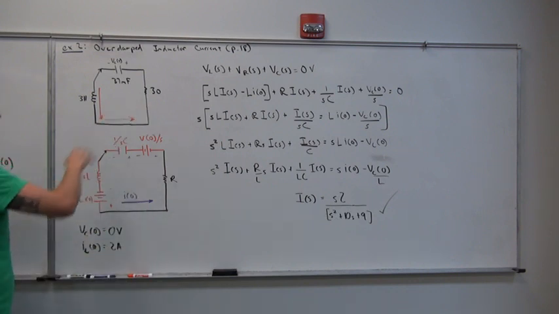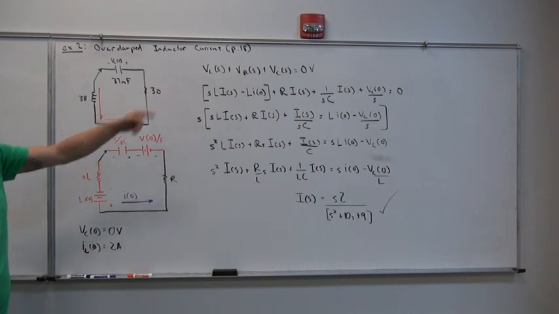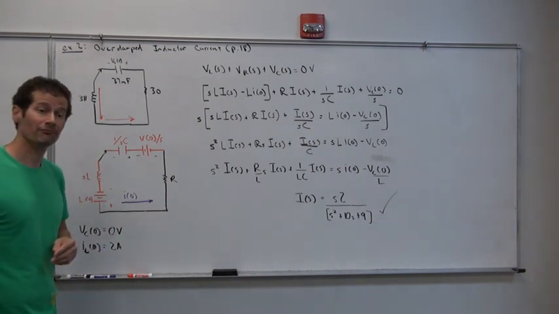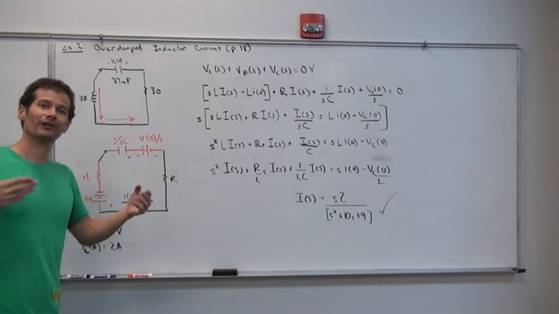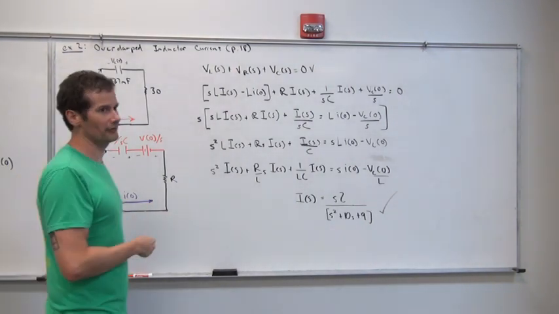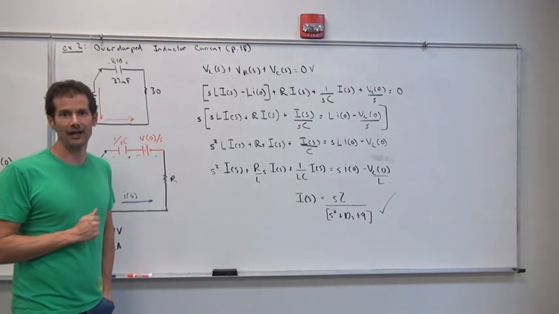We just go around the closed loop and either expand this out by knowing VL of S, VR of S, and VC of S, or just look at the schematic and apply the schematic to the equation and start crunching. Once we get down to I of S, we know what we need to do. Partial fraction expansion, find those coefficients. Let's get those simple terms back into the time domain.